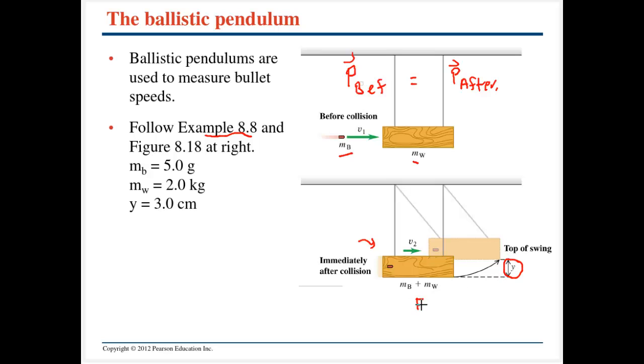We can say that the kinetic energy of the block plus the bullet is all going to go into the potential energy at the very top of the swing. We can solve for the velocity using conservation of momentum. Now we can solve for the kinetic energy, and if we know all the kinetic energy is transformed into potential energy, now we know how high this block must move.